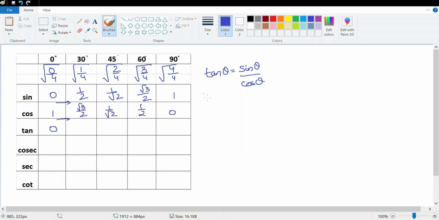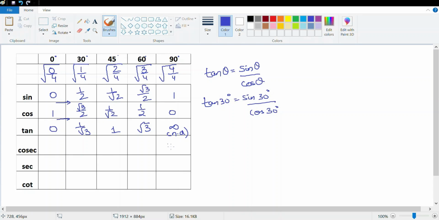Similarly, tan 30 degree would be equal to sine 30 degree upon cos 30 degree. In this case 1 by 2 upon root 3 by 2, which would be 1 upon root 3. Similarly, this is 1, tan 60 degree would be root 3, and 1 divided by 0 is not defined, so it is infinity or not defined.